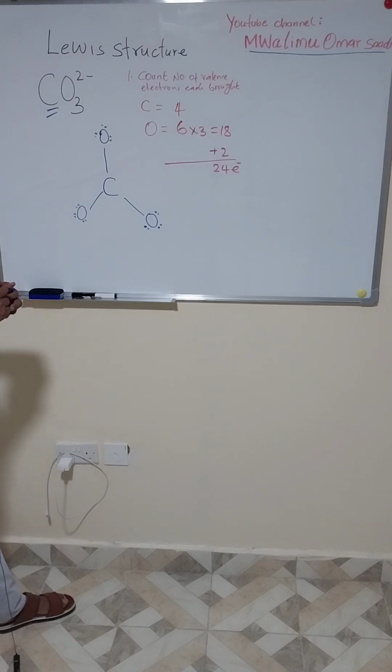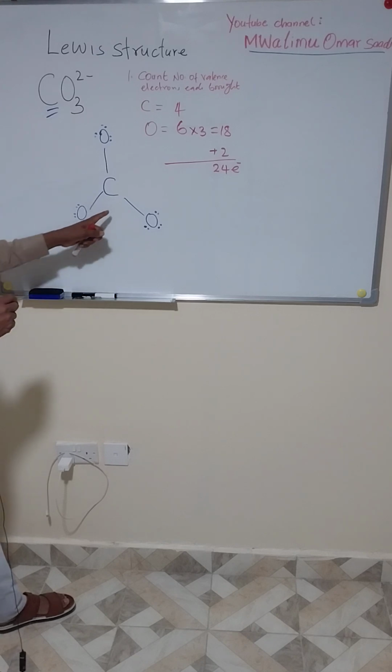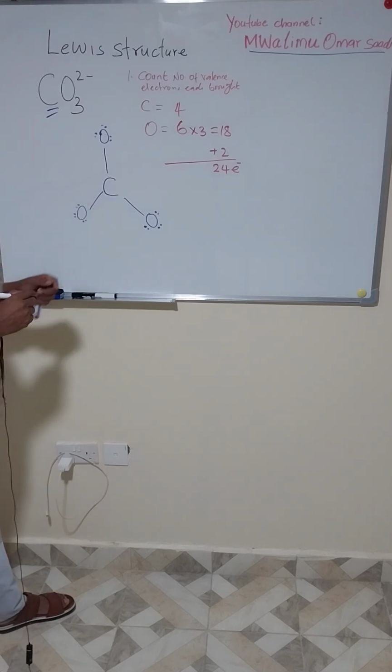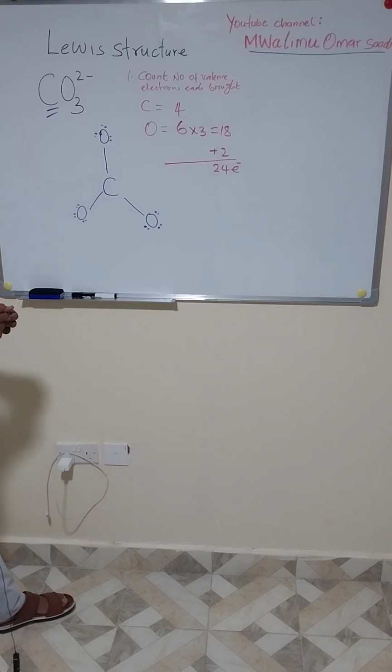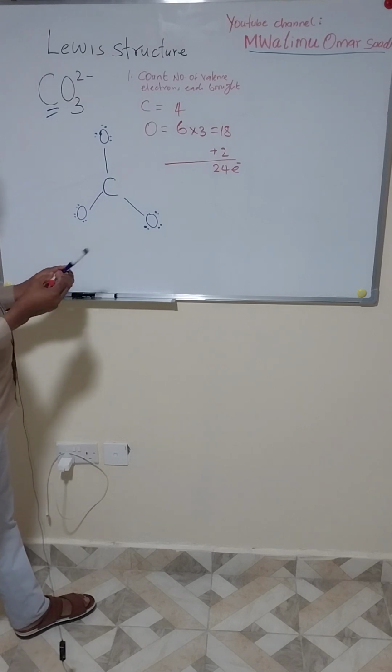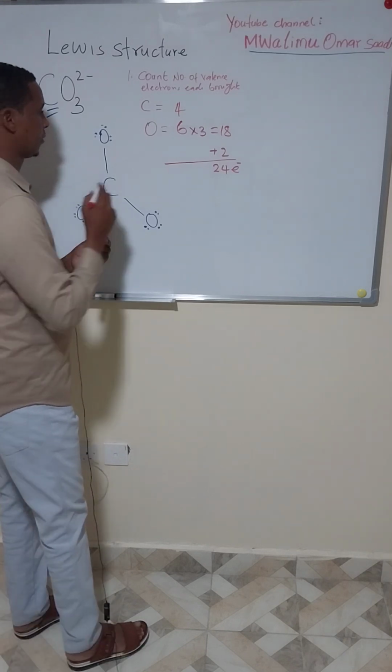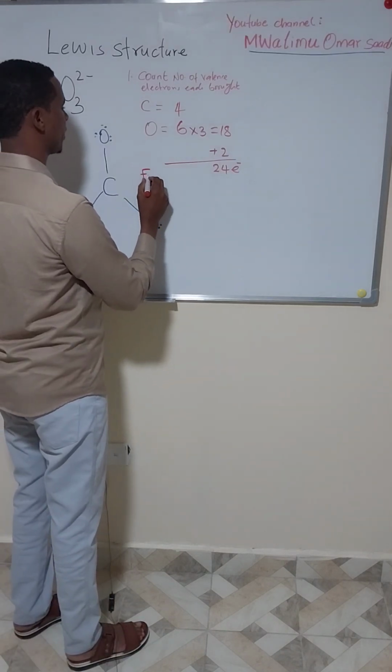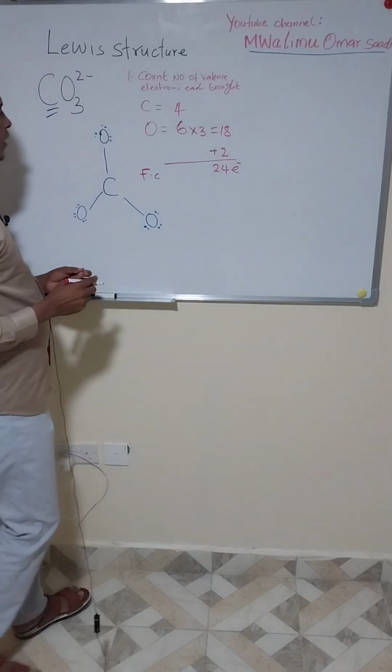For the next step, to get the full octet of carbon, you find the formal charge. That is FC.